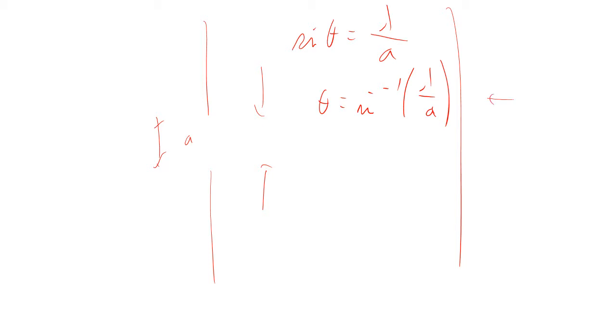That number cannot be bigger than 1. You cannot take the inverse sine of something bigger than 1. So this is undefined once A reaches lambda. That means the smallest structure you could see would be related to the wavelength of the light. So that makes an absolute minimum size that you can see.